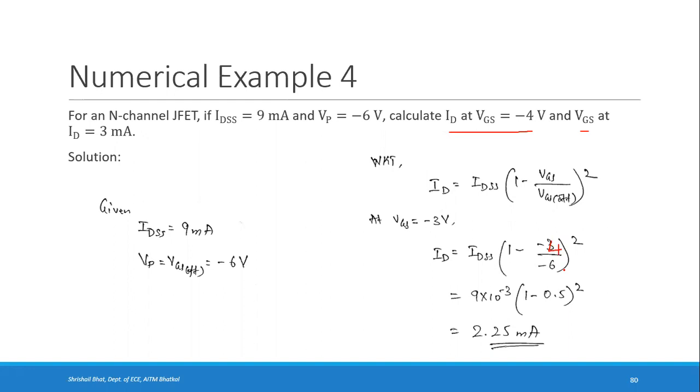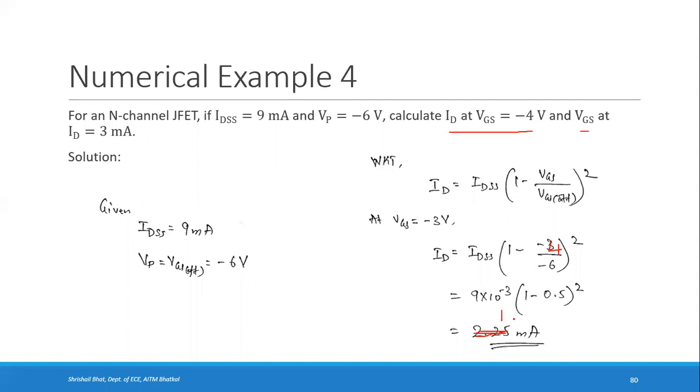So it will be 1 by 3, and 1 by 3 whole square is 1 by 9. 9 by 9 is 1. So the answer should be 1 milliamp.